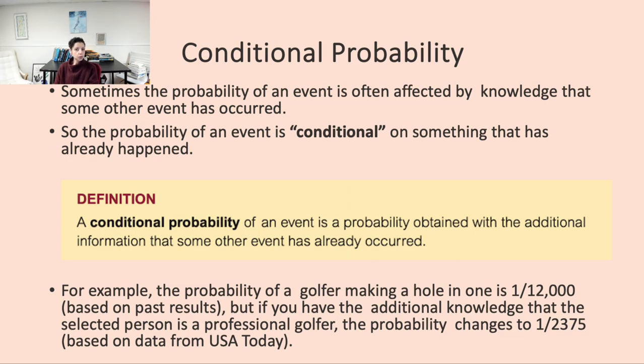According to USA Today, professional golfers will get a hole in one with a probability of 1 over 2,374, which is a bigger number than 1 out of 12,000, because they have certain skills, and so the probability of them getting a hole in one is a lot bigger.